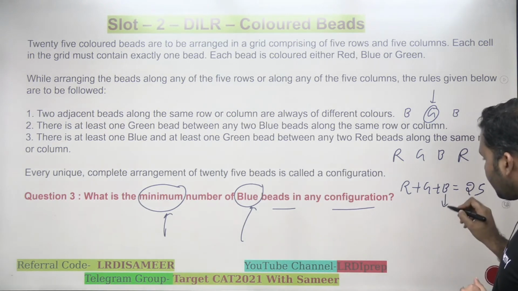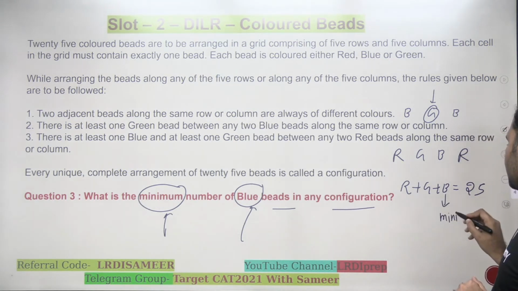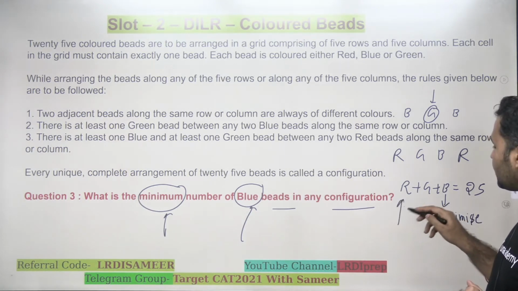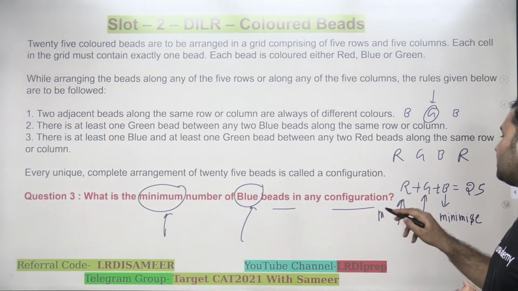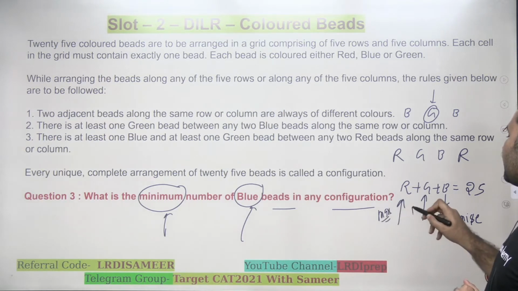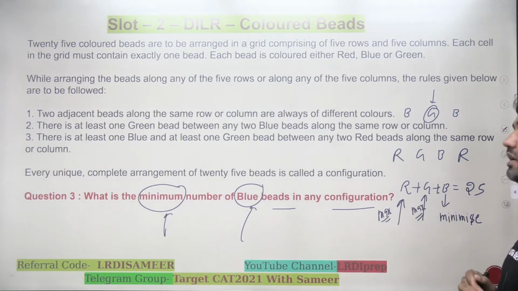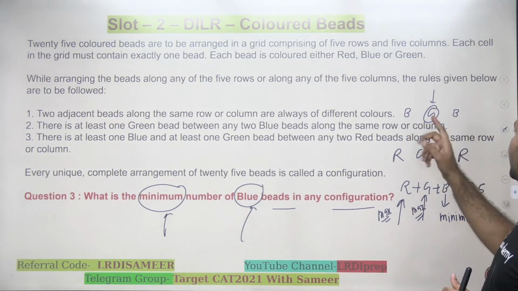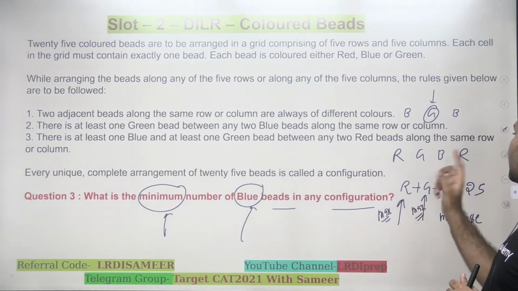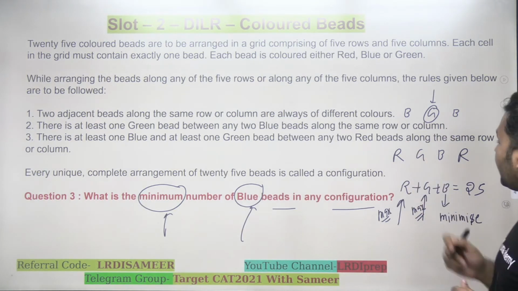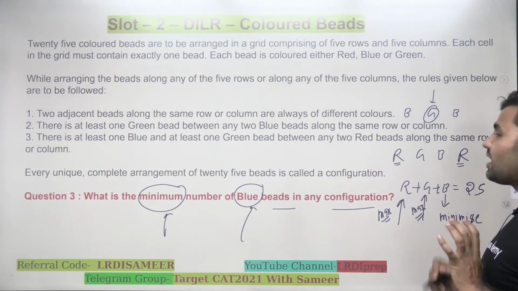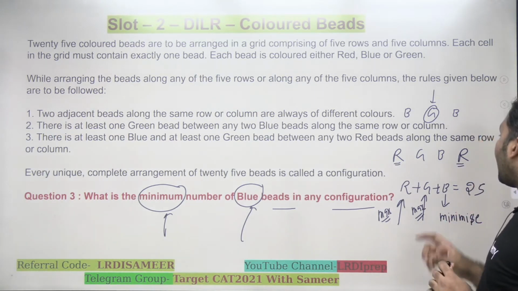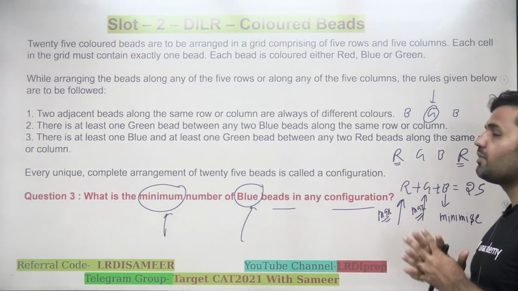If I want to minimize blue, logically I need to maximize the red and green beads. There are also some conditions here that between two blues there has to be one green, and between two reds there has to be one green and blue. That means if I increase the number of red beads, my cells will be occupied.